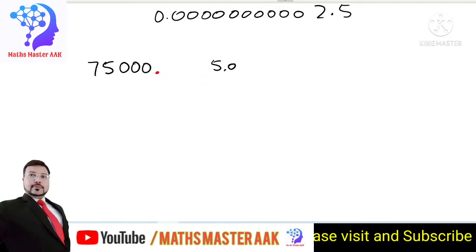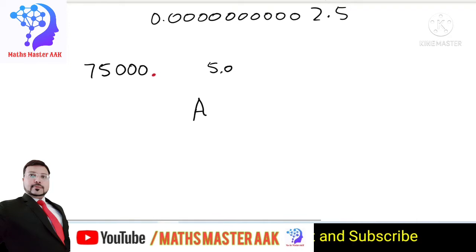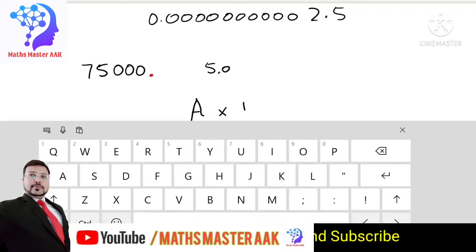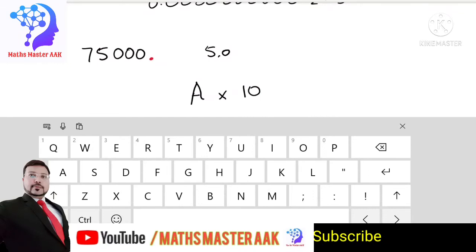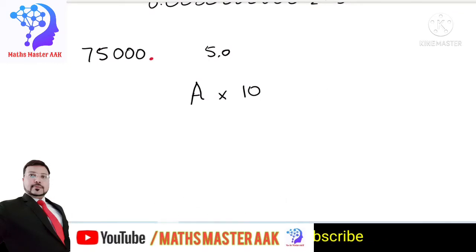Now, what is the standard formula of standard form? Here is the formula: A multiplied by 10 raised to power n.